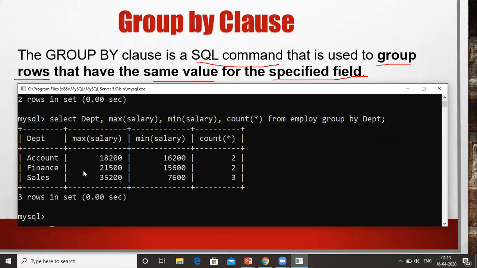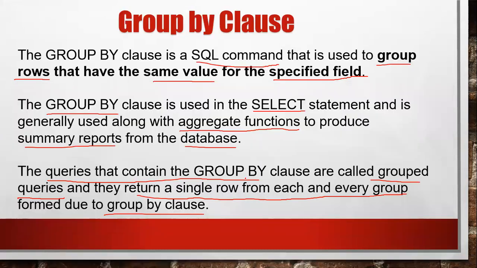Similarly, from the finance department group they obtain a single row result, that is this, and from the sales department group they obtain this single row as a result. So these are basically the points with the group by clause, so you can note them down, right?